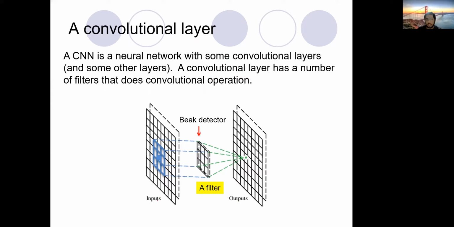We have an input image, which was probably our bird. This is a filter, right? Which was our beak detector, essentially was a filter. We're looking for the beak, which finds the beak and compresses it into a smaller output image, right? Which locates the beak and tells us that what we're looking at is the beak.